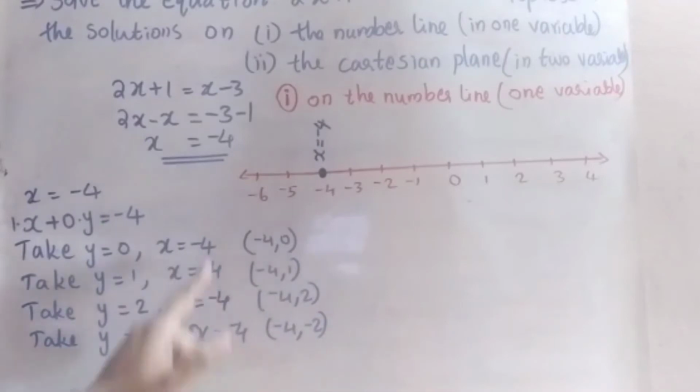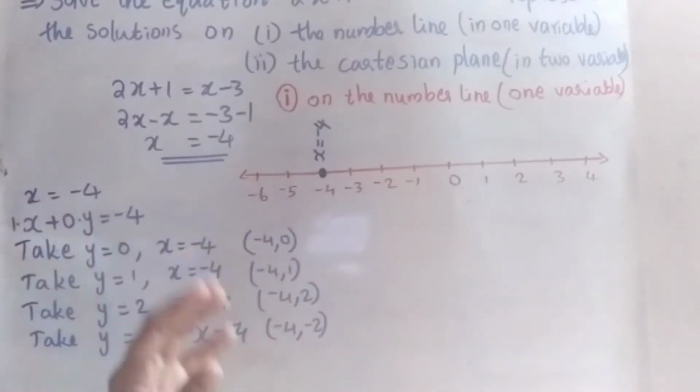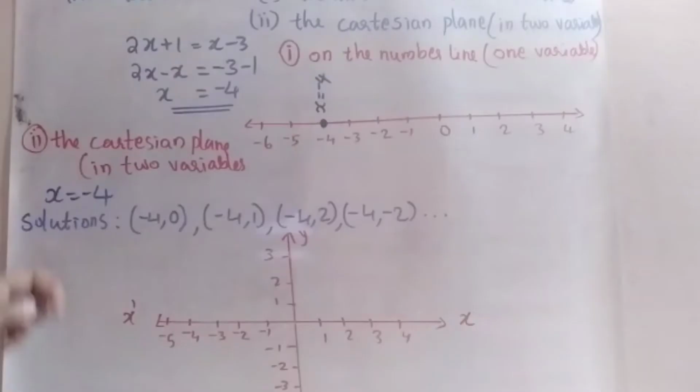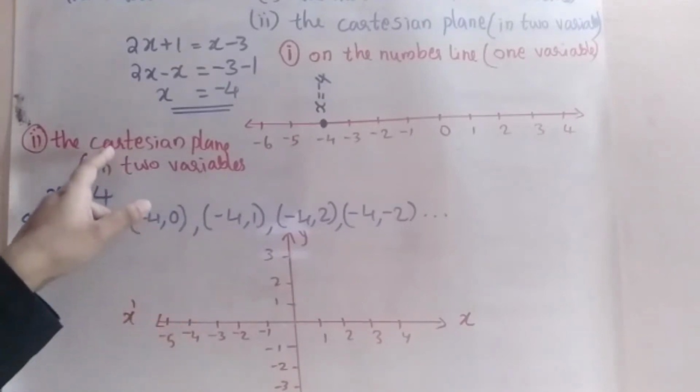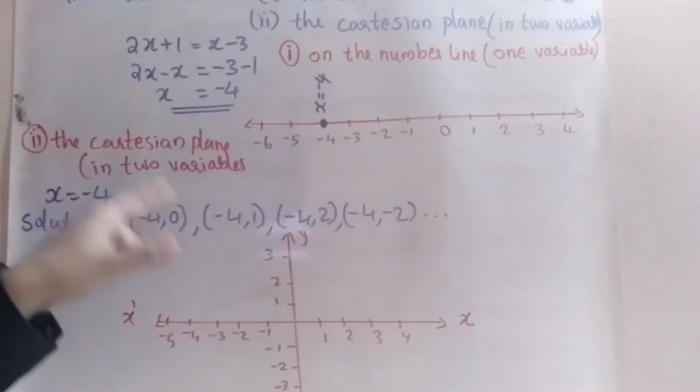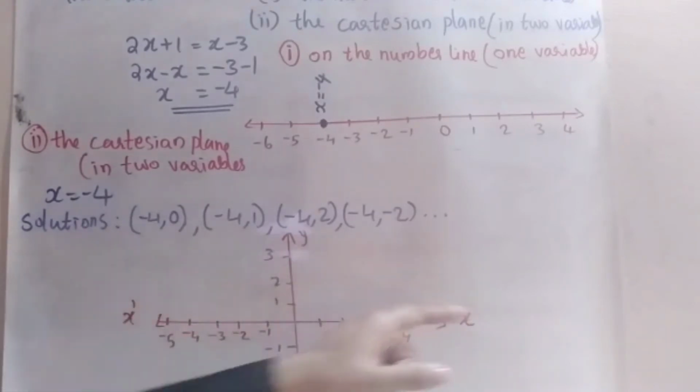Using these solutions, we have to plot them on the Cartesian plane. So let's plot. We are going to represent the equation x equal to minus 4 on the Cartesian plane. We make it into two variables and find its solutions like this.